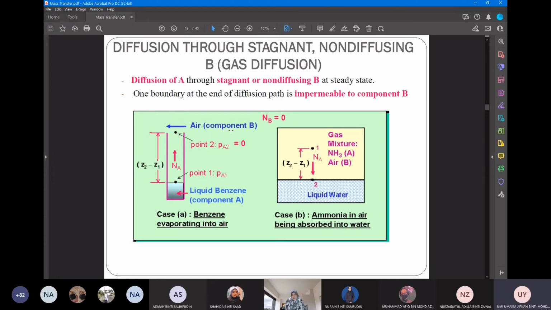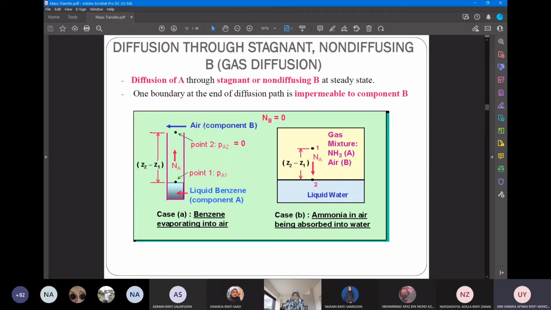But in this case, you can assume that the partial pressure at position 2 for A is equal to 0. Why? Because you are talking about a bulk of B component flowing on the top of the tube. And the movement, they move very fast.